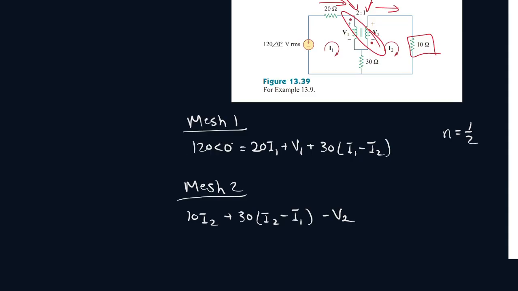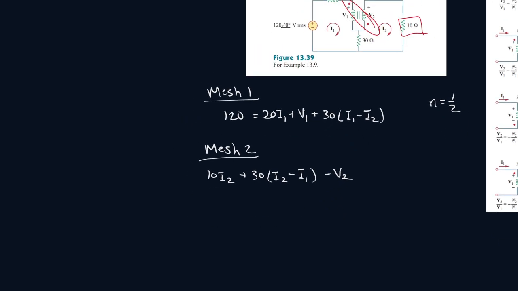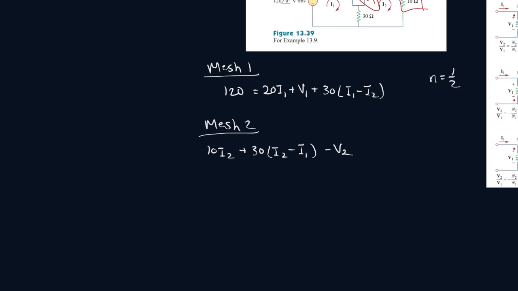That's just 120 phasor 0, which is just 120. Okay, so I'm going to redo this one. So it's minus 1 over 2 I2.